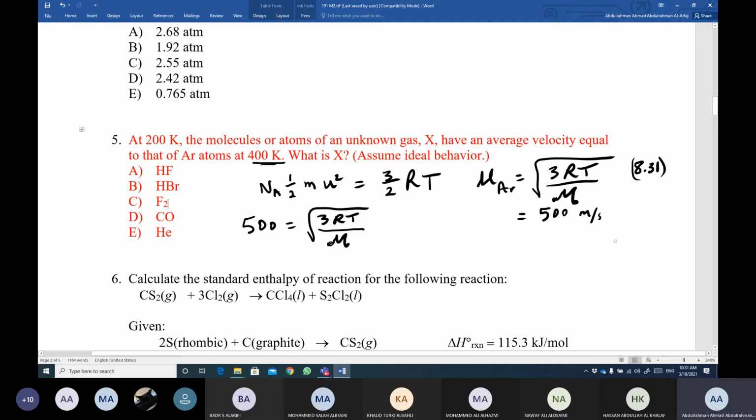So what's the molar mass? 19.95. Very good. Approximately 20. Which gas is this one? HF. Why? Because the fluorine is 18 and hydrogen is 1.